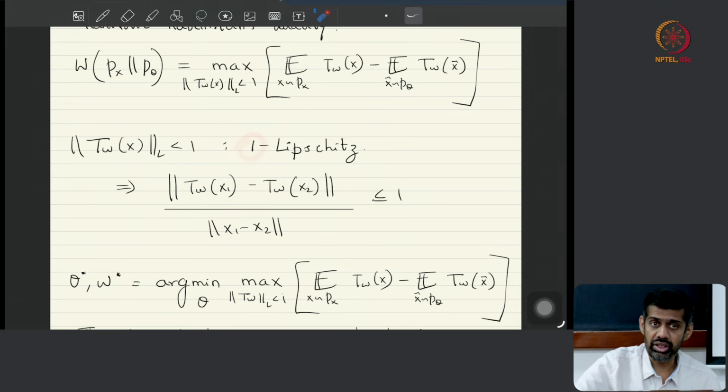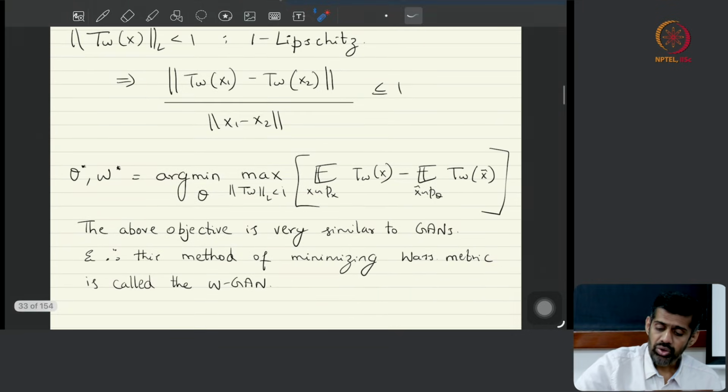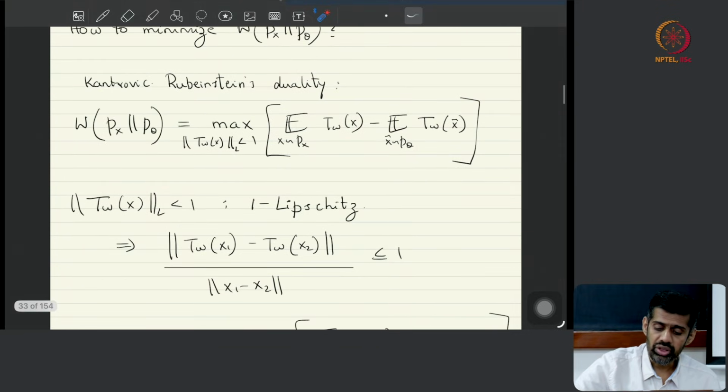Specifically, one Lipschitz continuity is that their derivatives are bounded at all points. Or in other words, if you take two points x1 and x2 and evaluate those two points under this function and divide by the norm of the difference, that should be bounded. One Lipschitz is this. So now what we are saying is to solve an optimization problem over all possible one Lipschitz functions to get the Wasserstein's metric.